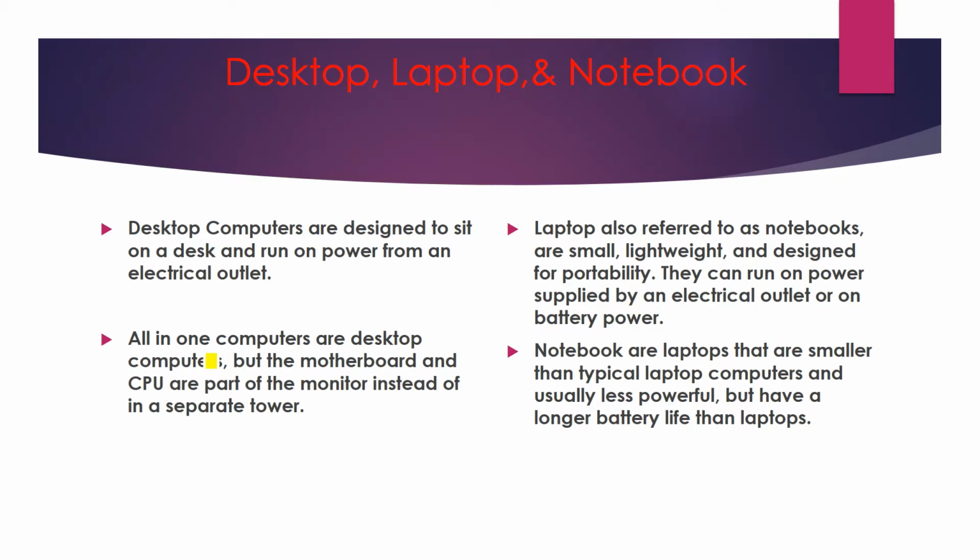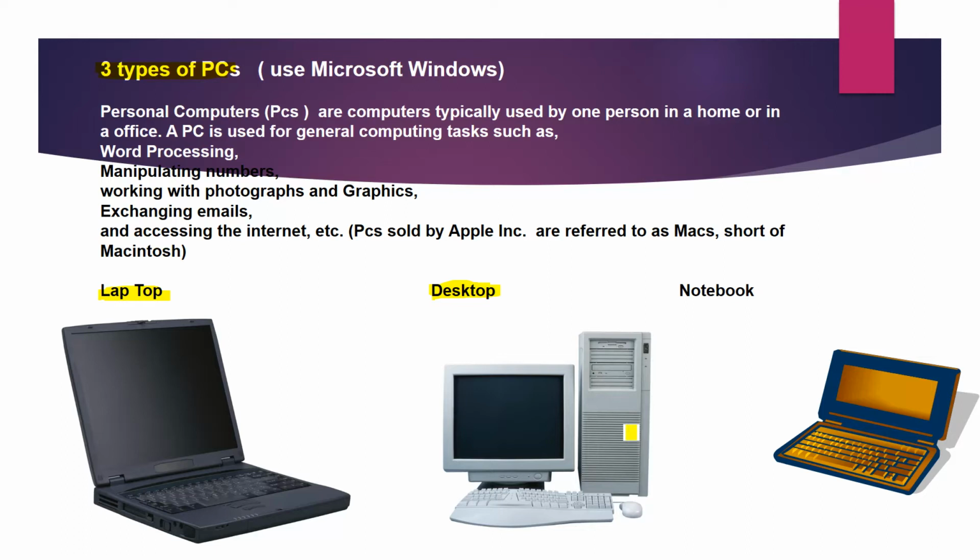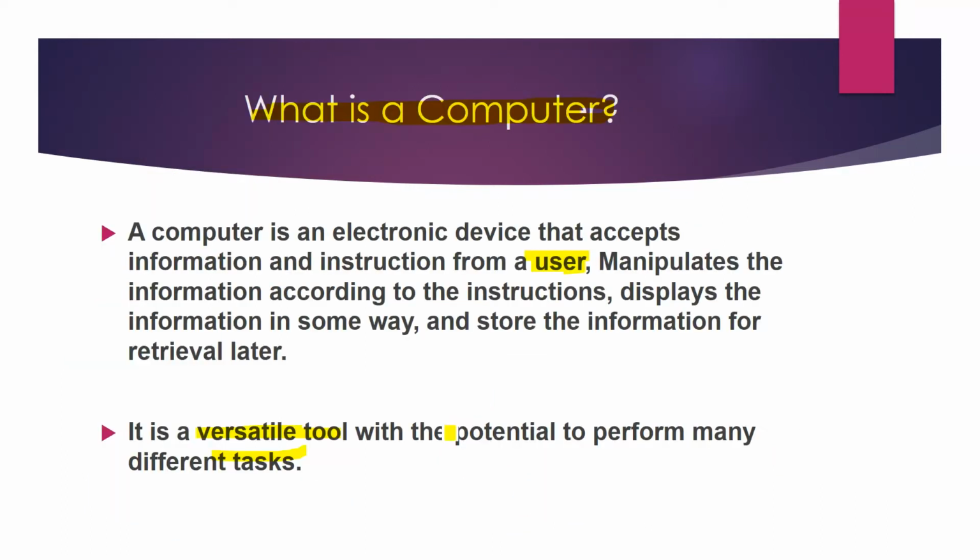While all-in-one computers are desktop computers, the motherboard and CPU are part of the monitor instead of in a separate tower. So this is the tower, right? The motherboard and CPU are inside this tower. But if the CPU and the motherboard are part of the monitor instead, it is called the all-in-one computer.